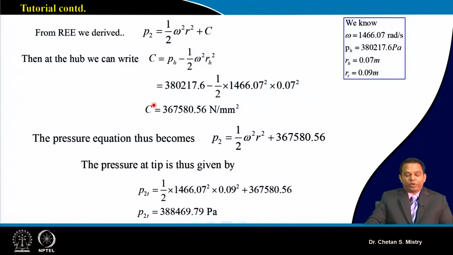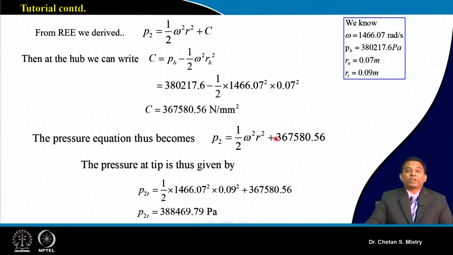If we put in these numbers, the constant comes as 367580.56. Be careful, do not forget to write down the unit of this constant. Since this constant is now known to us, we can write our static pressure at the outlet as half rho omega square r square plus constant.